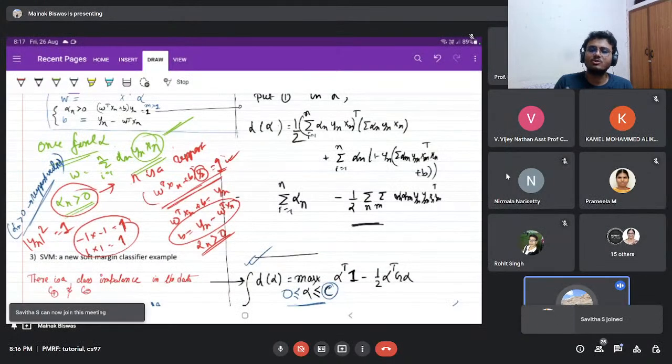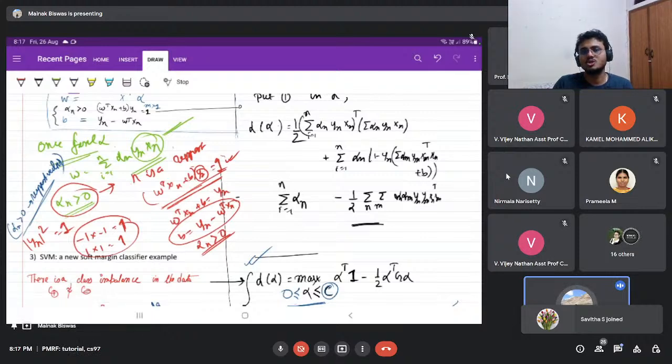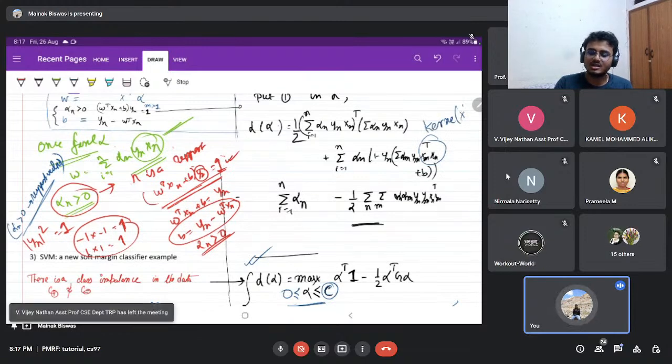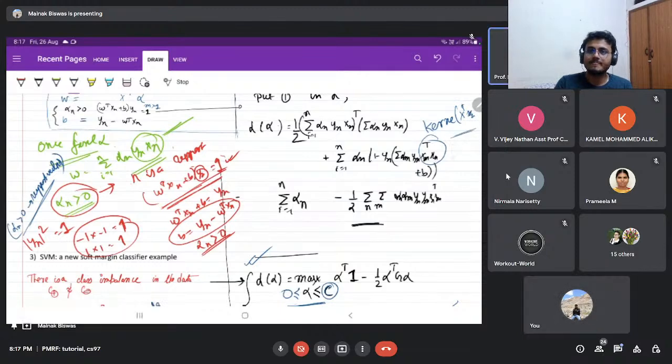But in SVM, generally you need to choose a kernel, which we have not done here. The kernel will decide your non-linearity. You can see here W transpose, these two terms are here. Instead of this, people take a kernel to represent non-linearity in the data. Selecting the proper kernel is a big problem here.